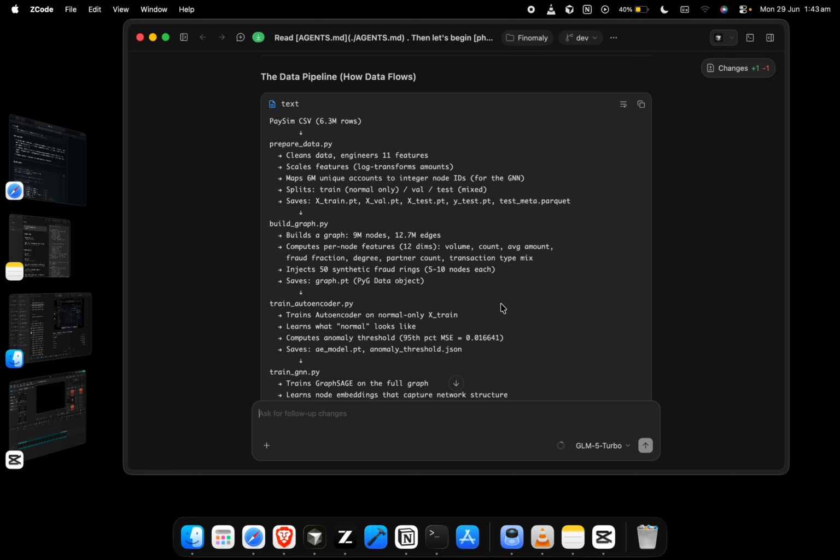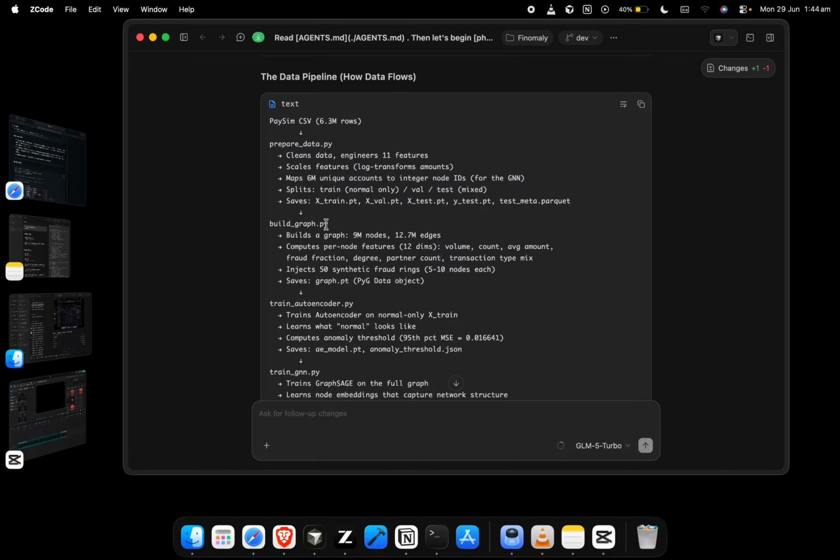So now for the data pipeline, how data flows. The PaySim CSV dataset goes to prepare_data.py. This file cleans our data, engineers 11 features, scales the features, maps 6 million unique accounts to integer node IDs for the GNN, splits it into train, evaluation, and test datasets, and saves to xtrain.pt, xval.pt, xtest.pt, ytest.pt, and testmeta.parquet.